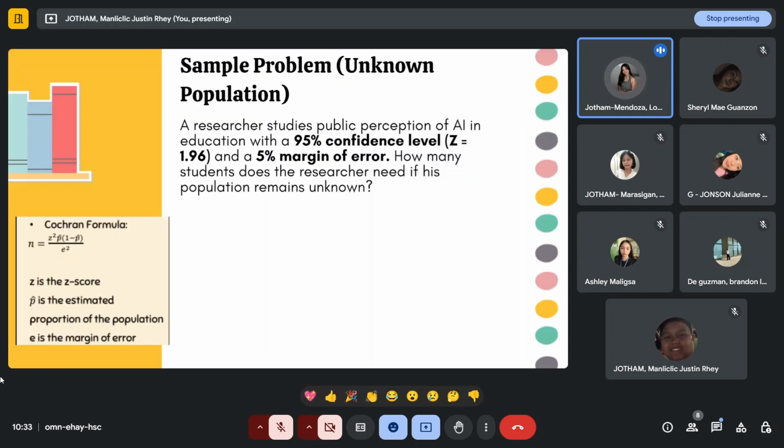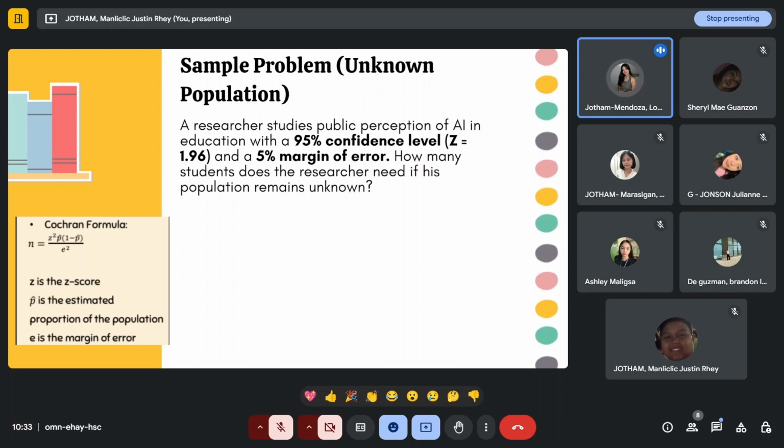So let's try this problem. A researcher studies public perception of AI in education with a 95% confidence level and a 5% margin of error. How many students does the researcher need if the population remains unknown?